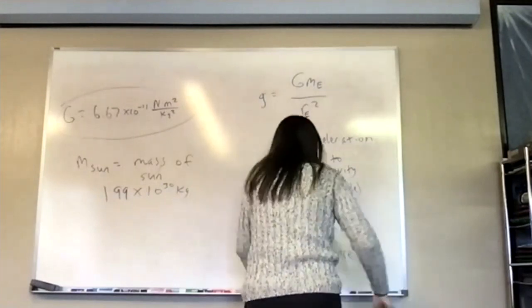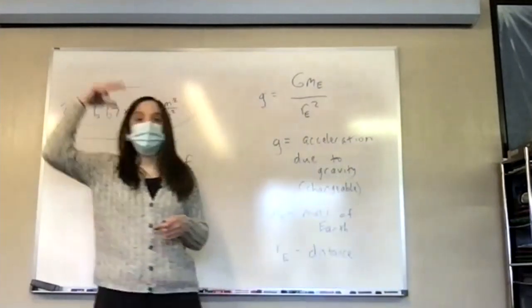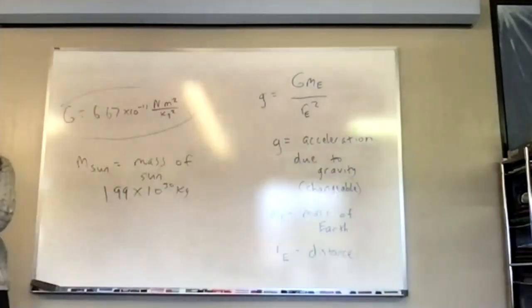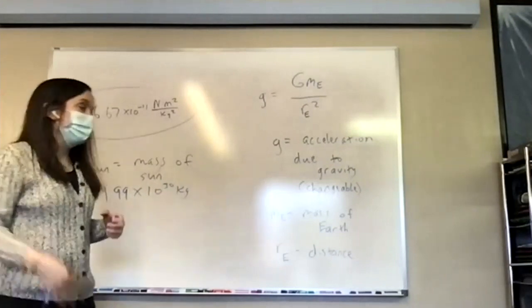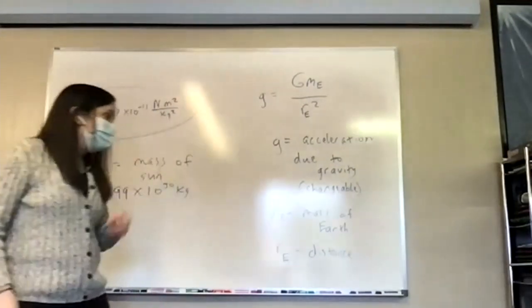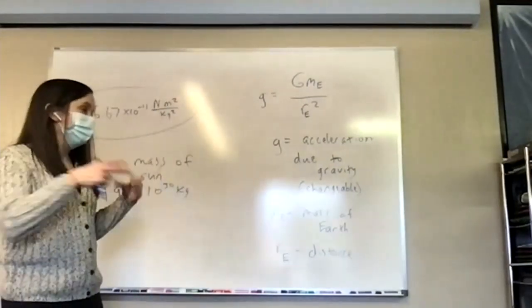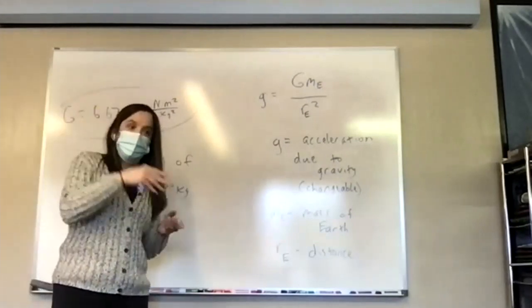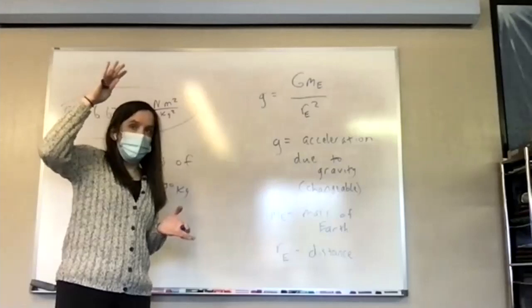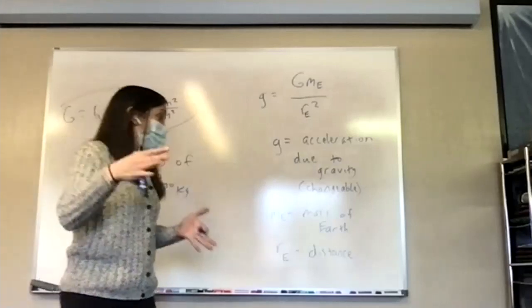If you're on Earth's surface, yes, but if you're in space or in the clouds, then it's the distance from where you are to Earth's center. So it can change based on where you are in the world. The world itself is not a constant elevation, so in certain parts you're below sea level or on a mountaintop, and you have a greater or lesser R based on where you are.